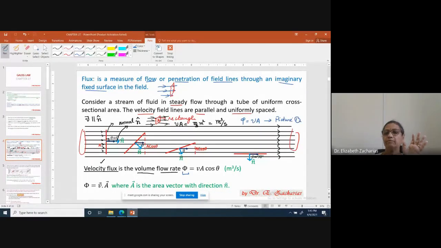For picture 1. Okay. Next what we'll do is, we will take the same flow. Only thing is now, we are not going to hold this area of the loop perpendicular to the flow. Instead, we'll just bend it like this.